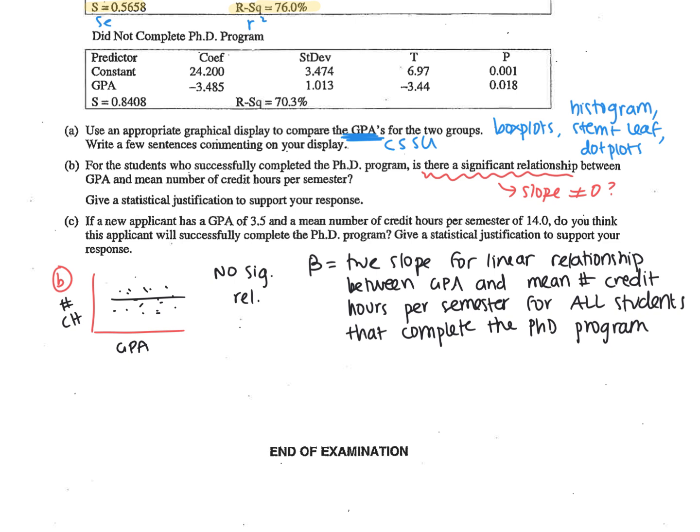We only have a sample, so we don't have beta. Beta would be if we talked to every single student who ever completed the PhD program and got this data from them.